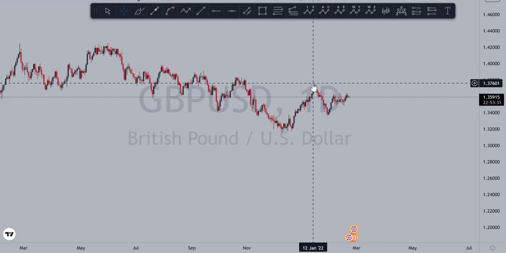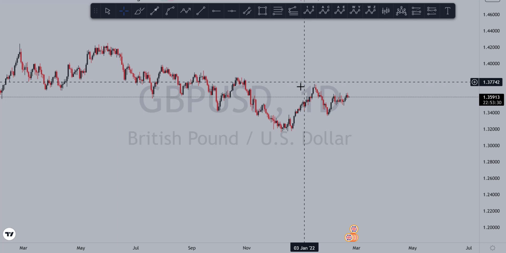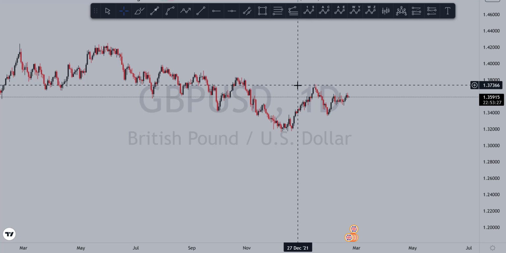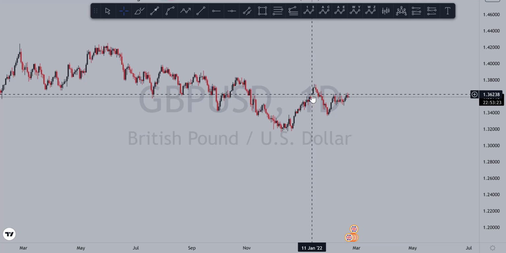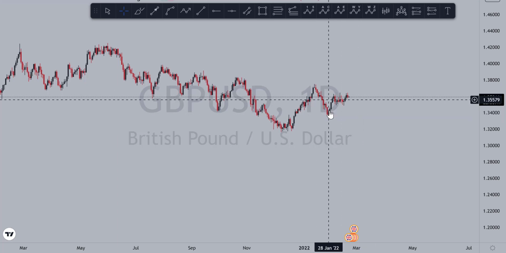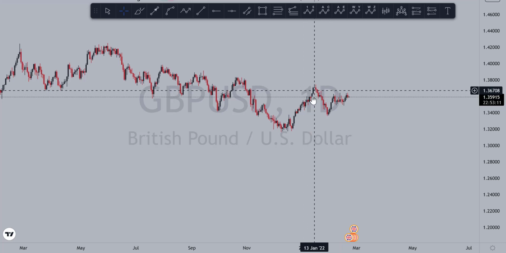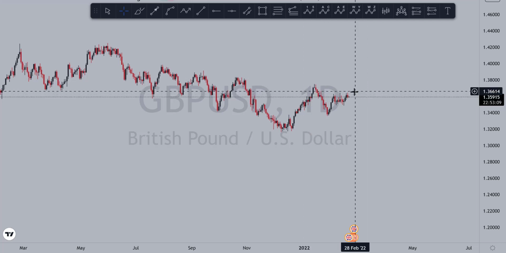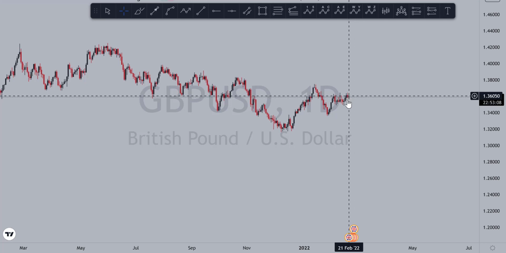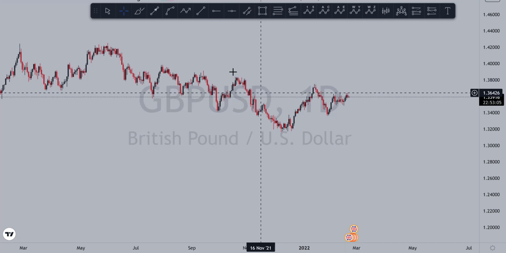We talked about price respecting that order block on the weekly side, as you were seeing. So what am I expecting here? I'm expecting this pair to respect this order block still and use this order block to send price to the downside. So what I'm expecting for this is to sell going to the downside.